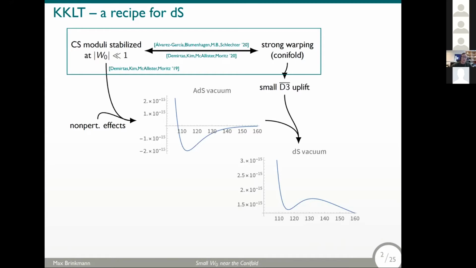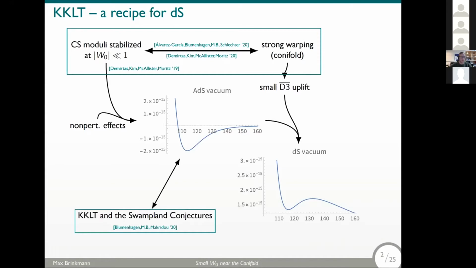As Lorenz already mentioned, at the same time as we were working on this, Demirtas, Kim, McAllister, and Moritz, which I will call DKMM for brevity, also published their version of this algorithm. If time remains, I also want to talk a little bit about KKLT, this AdS minimum in particular, and the swampland conjectures.